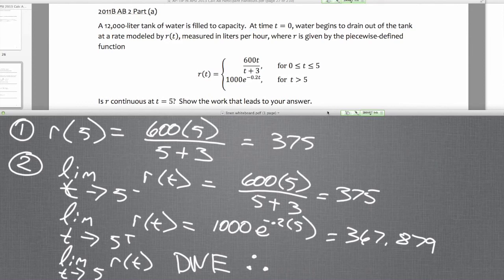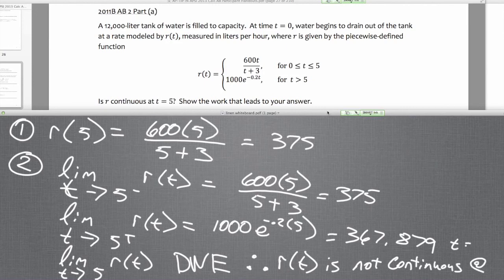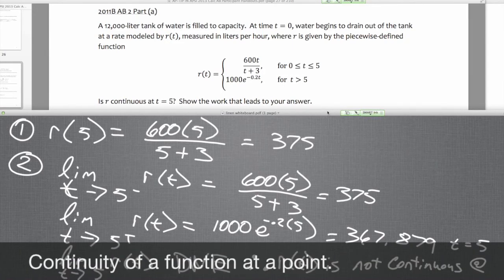R of t is not continuous at t equals 5. Questions on that?